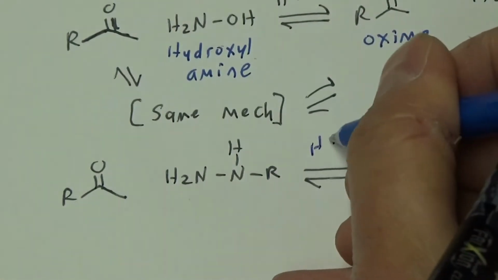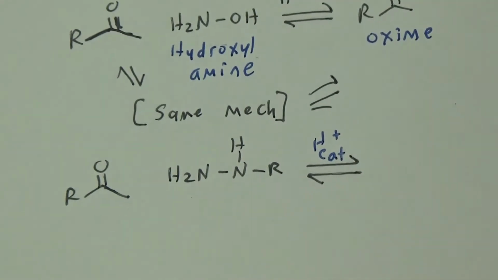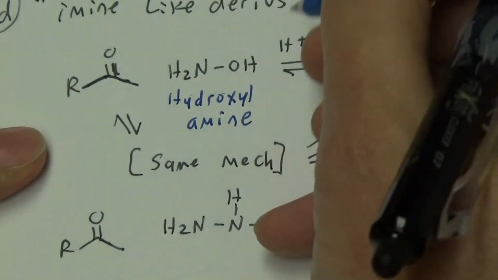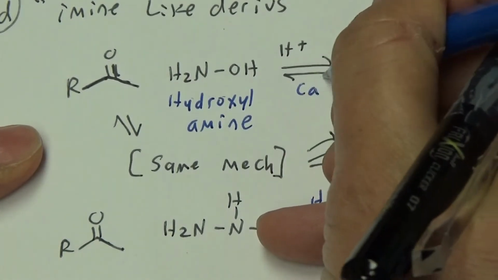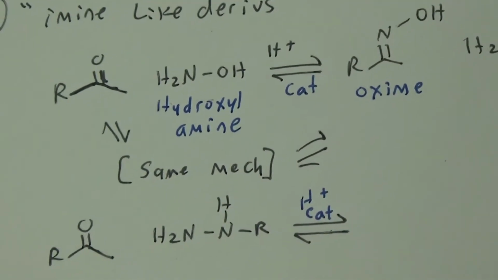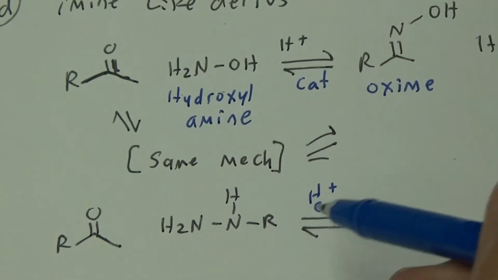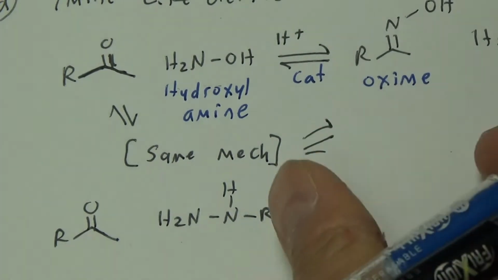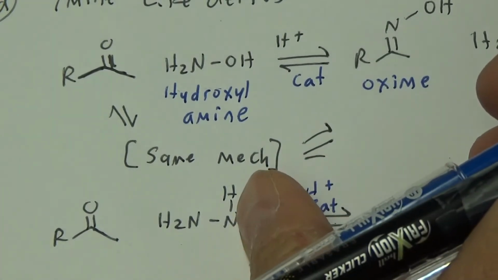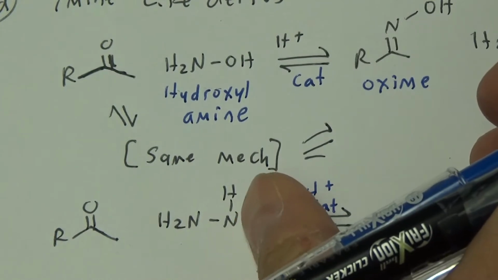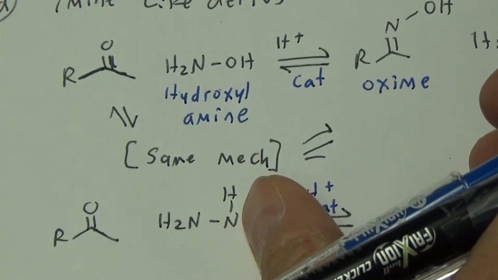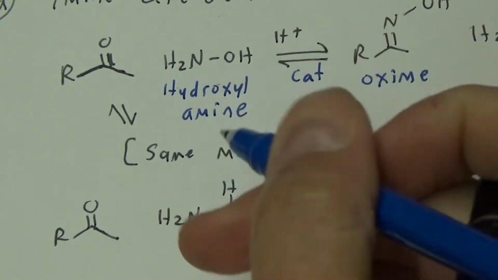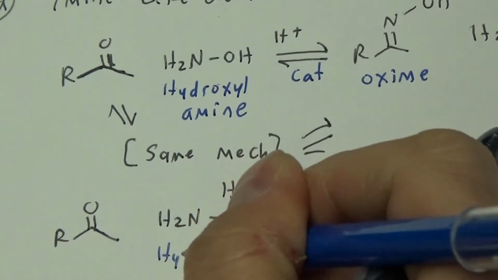They all have cat. There's catalytic, so don't forget the word cat. Not a real cat, but a chemical cat. They all have catalytic acid, and this thing you may have never seen before. It's kind of based on NH2, NH2, it's called hydrazine.